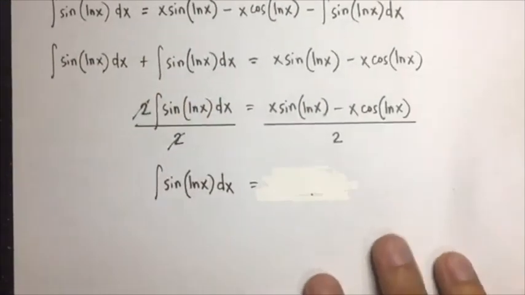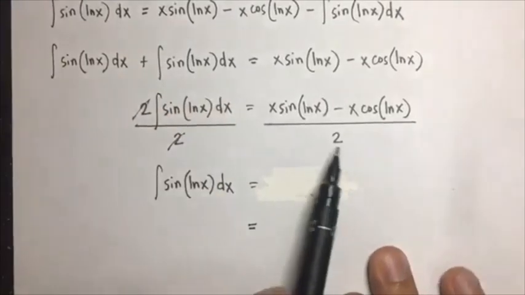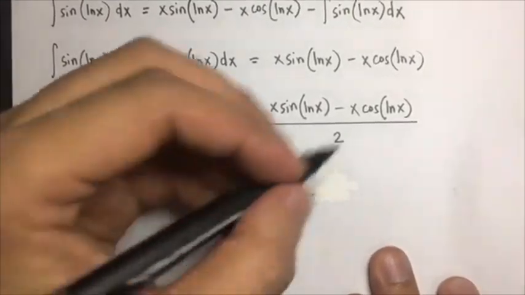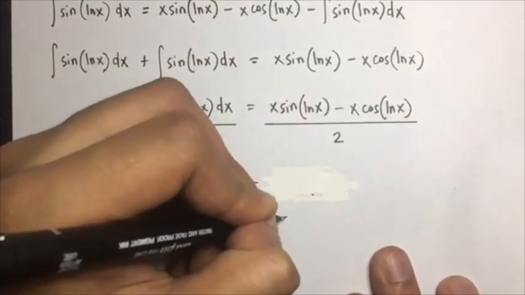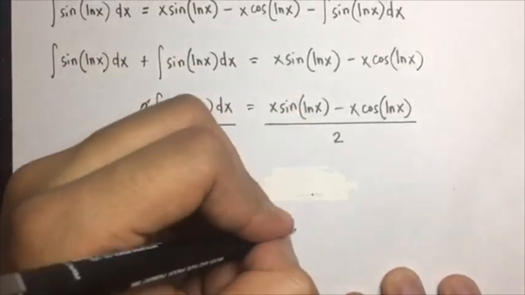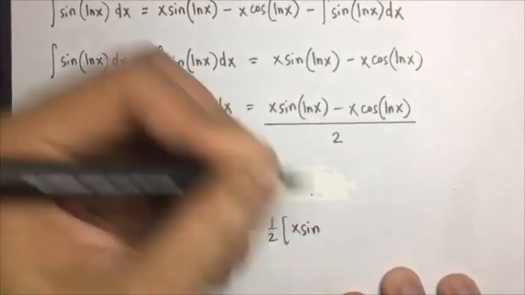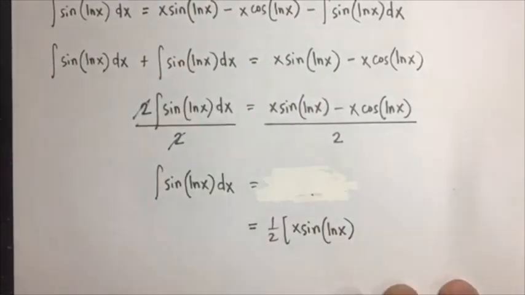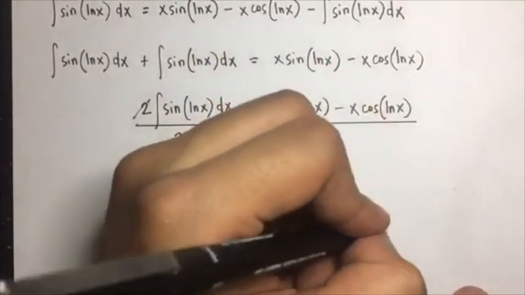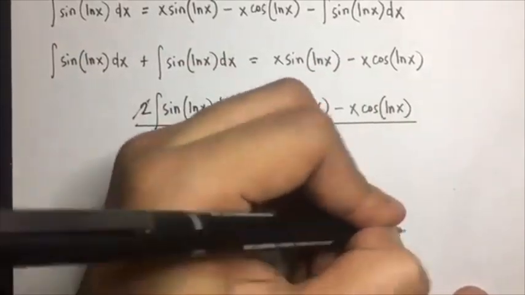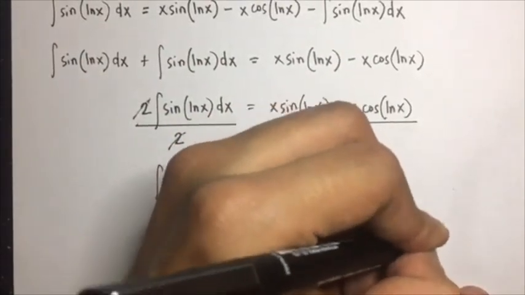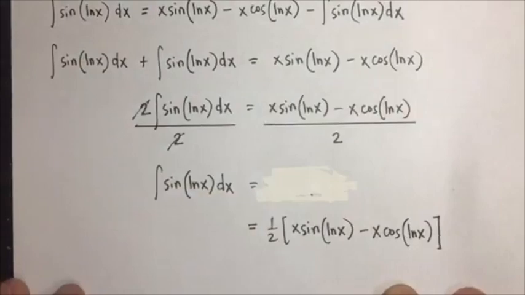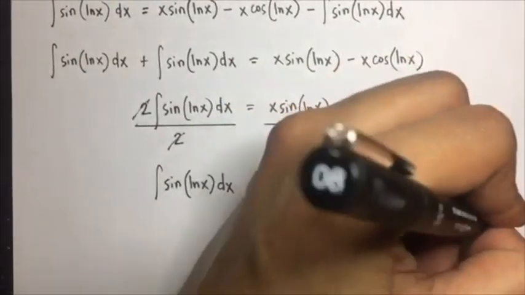I'm so sorry. So factoring out 1/2, this will be x sine of ln of x minus x cosine of ln of x, plus c.